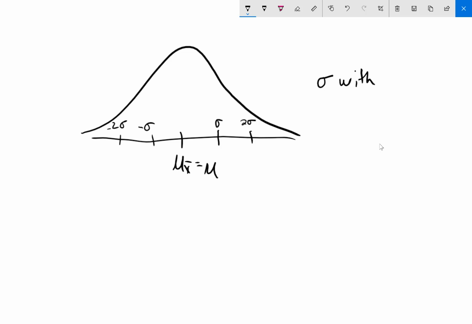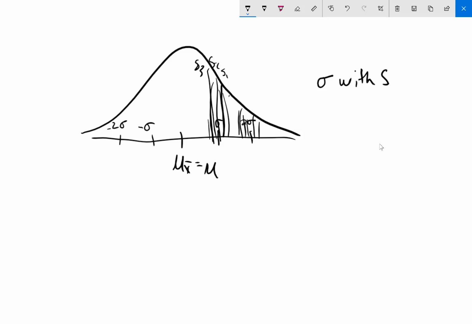And with each sample, we're going to get a different estimate for that sigma. So here's our standard deviation from sample 1. Here's our standard deviation from sample 2. Here's our standard deviation from sample 3, and so forth. We keep wiggling around this first standard deviation. We're going to have that wiggle room around here.